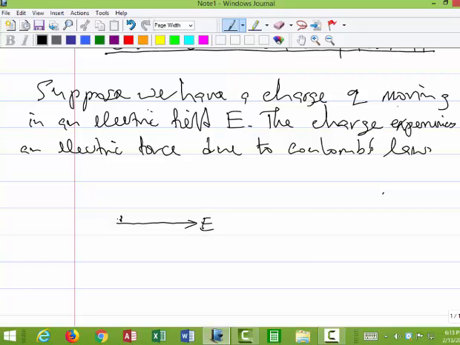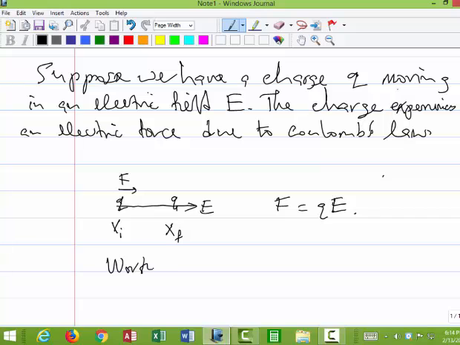So if a charge is over here and it moves from X initial to X final, this position, then it has a force F acting on it. So the force F is equal to the charge times the electric field. And so in going from X initial to X final, for example, the work done we know is equal to force times distance, of course.